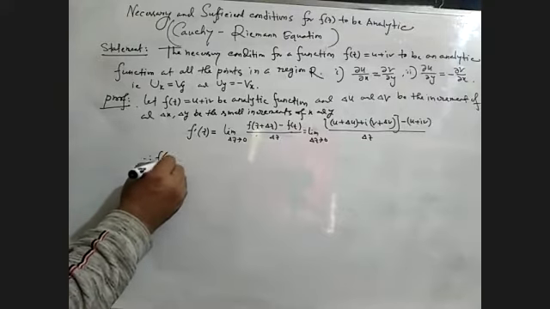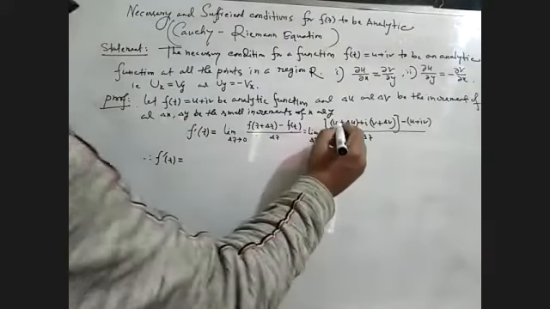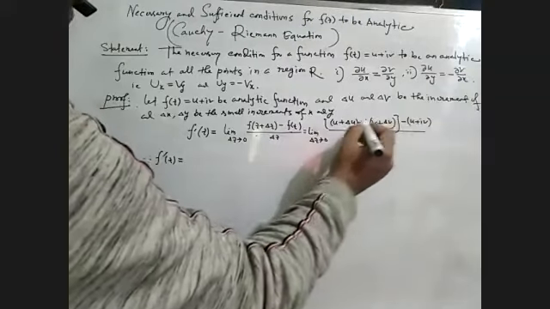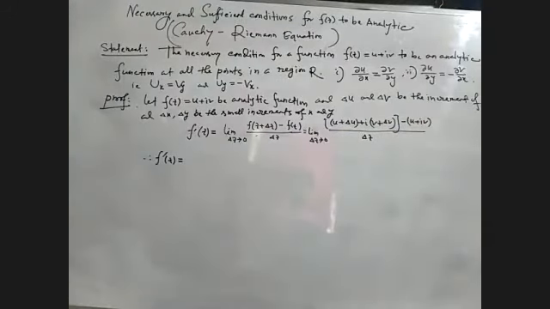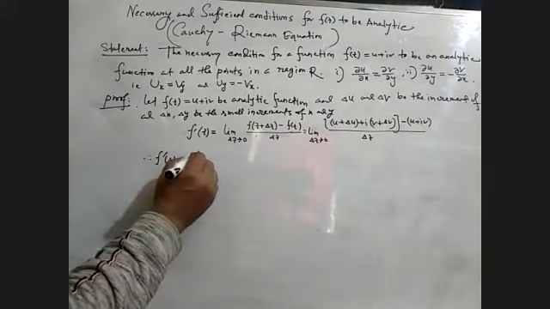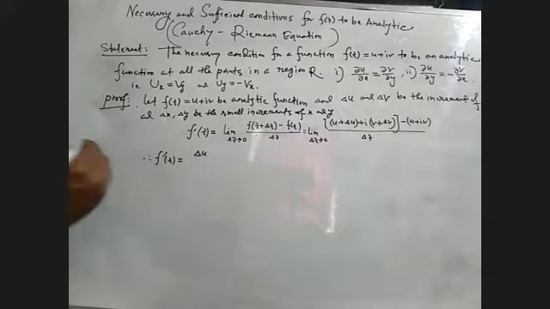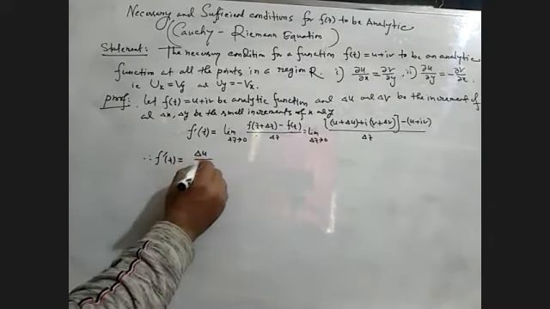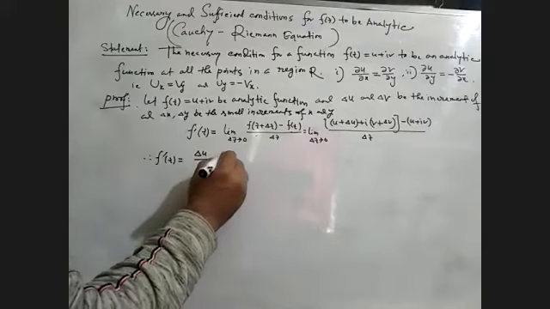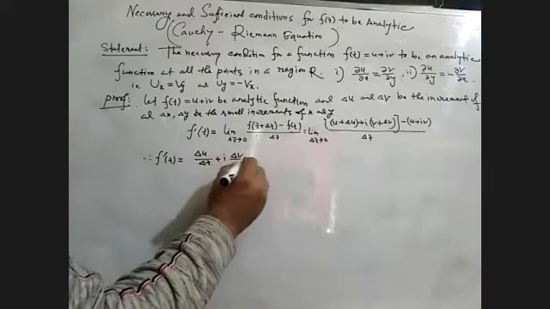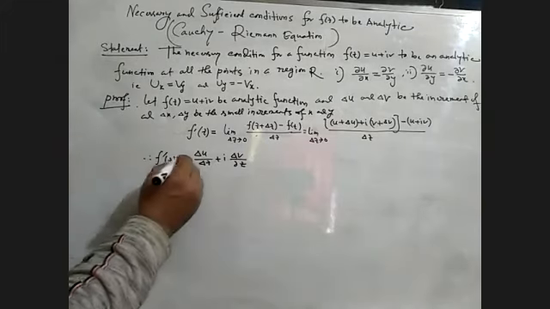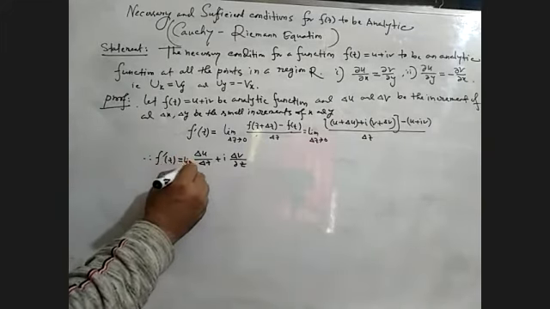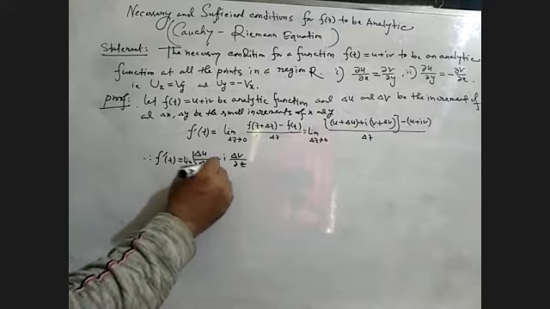Therefore, f dash z equals: here u and u will be cancelled, and iv will be cancelled. So we get only the limit as del z tends to 0 of del u by del z plus i del v by del z.